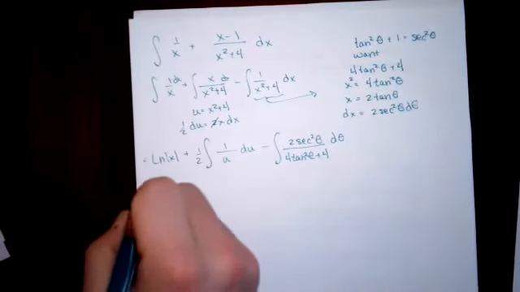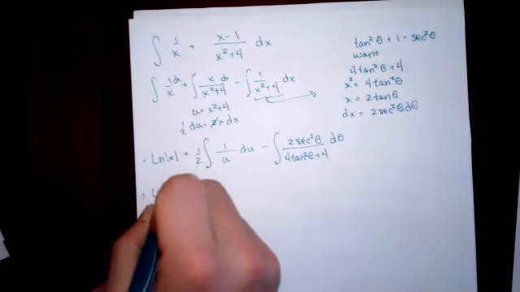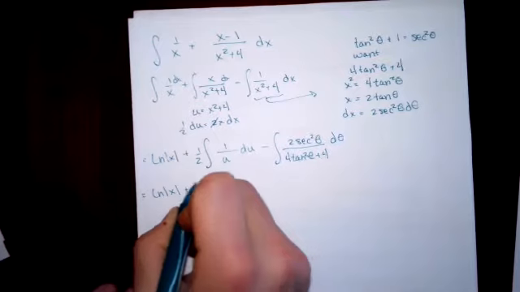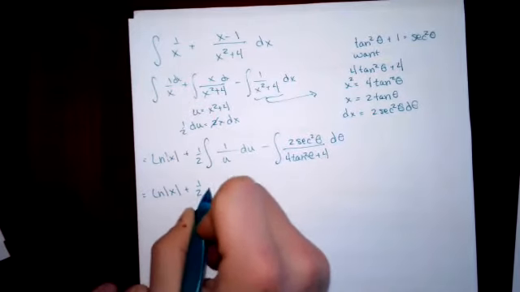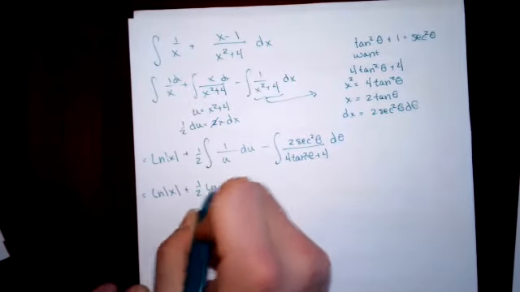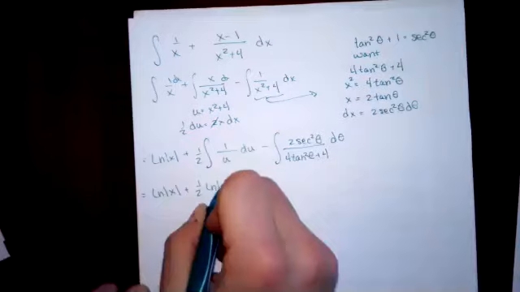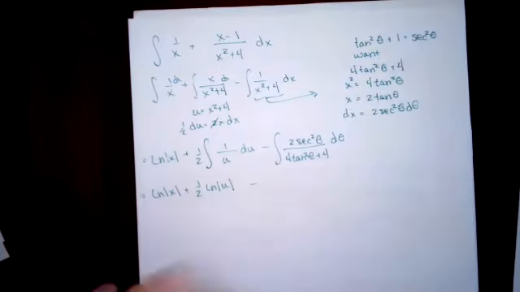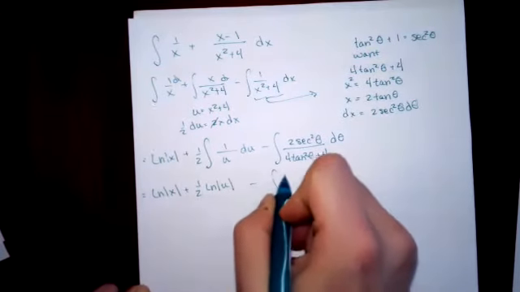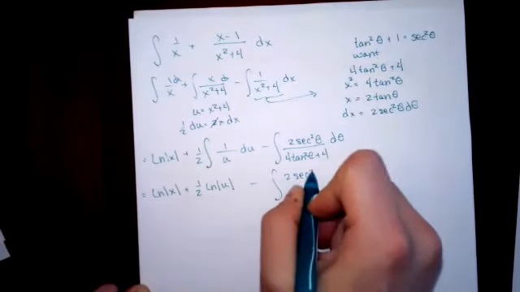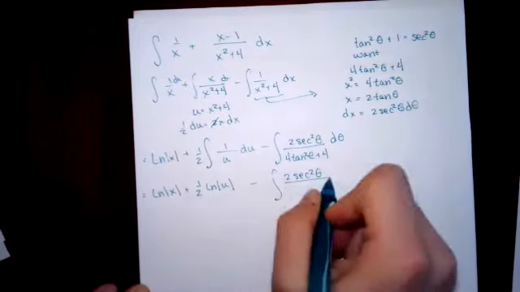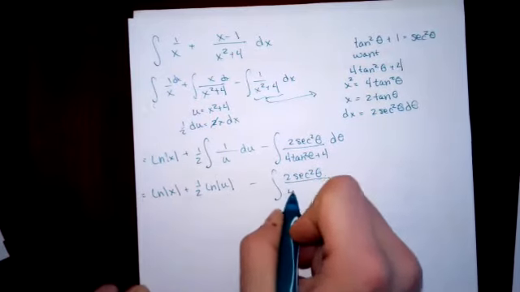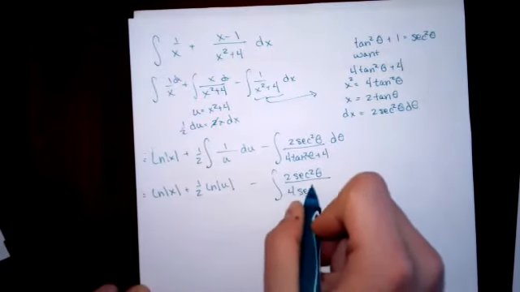So what do we got? Natural log of x plus, this will just be 1/2 natural log of u minus, we've got 2 secant squared theta over, that's going to give me 4 secant squared theta.